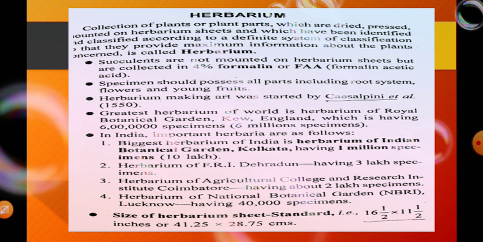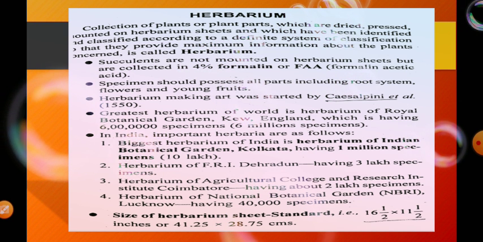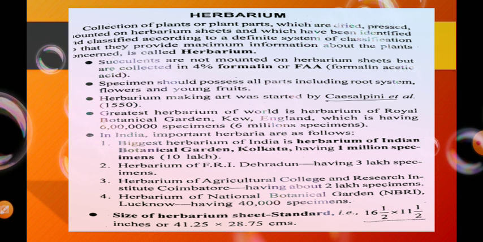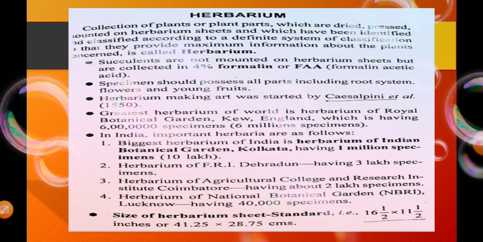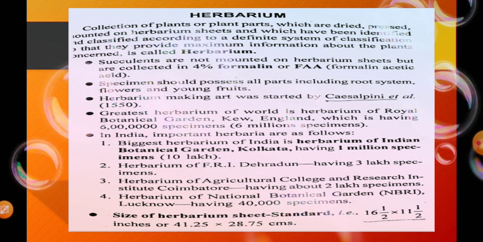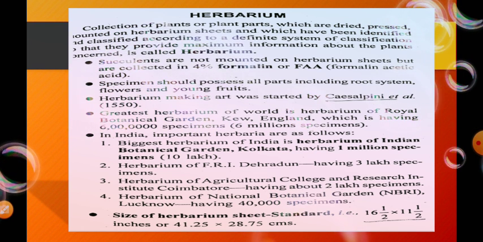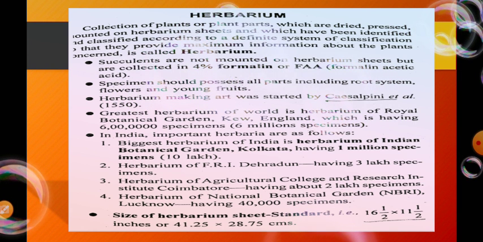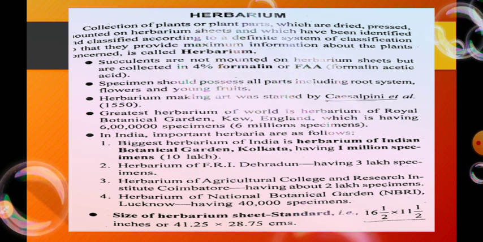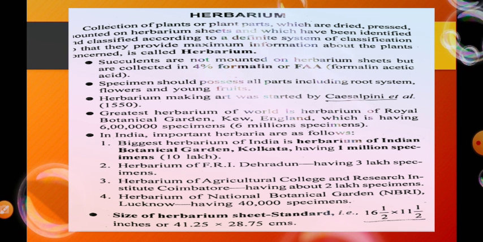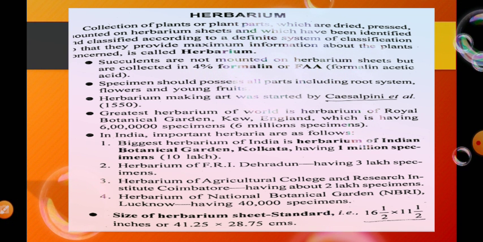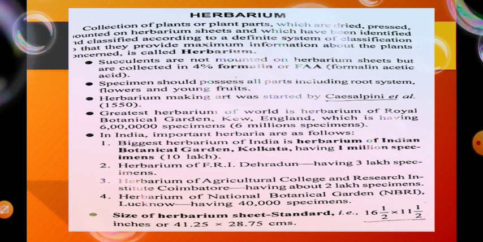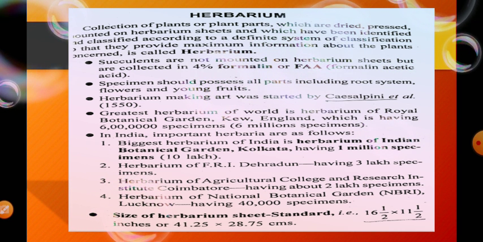In the last video, we studied what taxonomy is. In taxonomy, first of all we collect the plants, then identify them and name them, which is nomenclature, then we classify those particular plants that we have collected and identified.